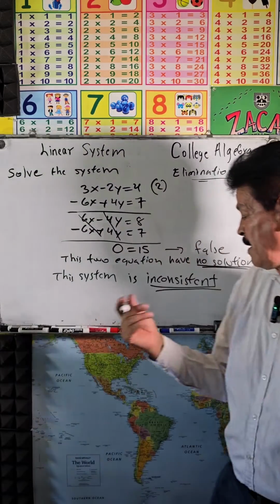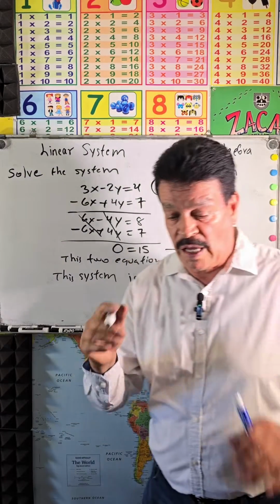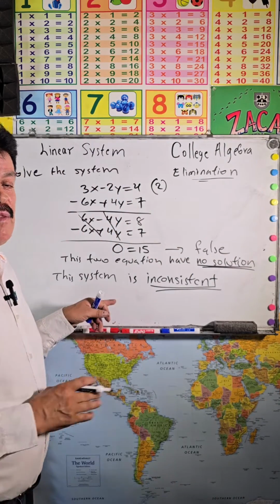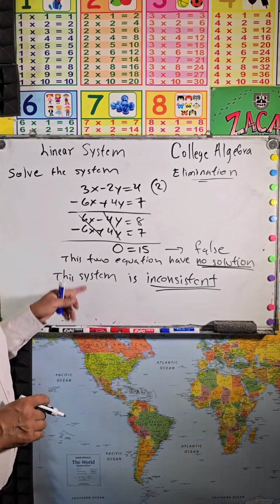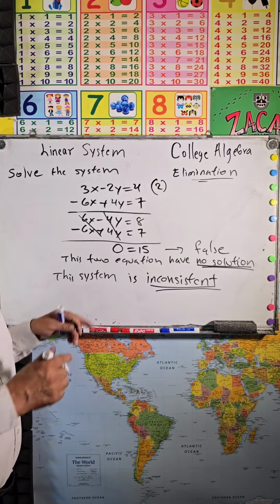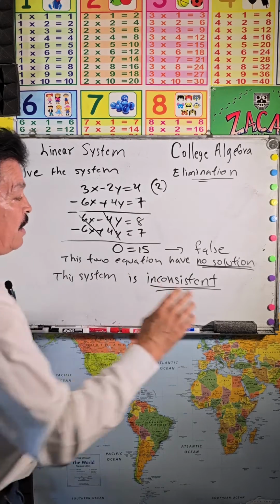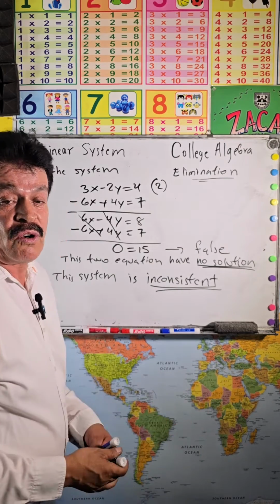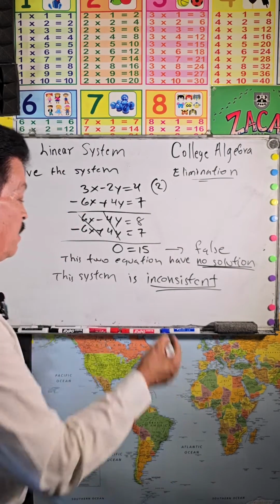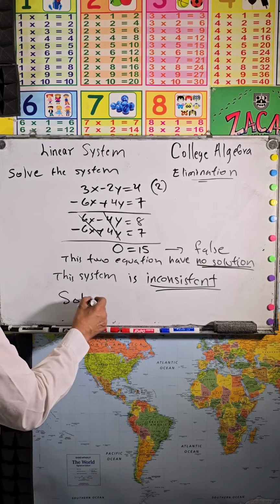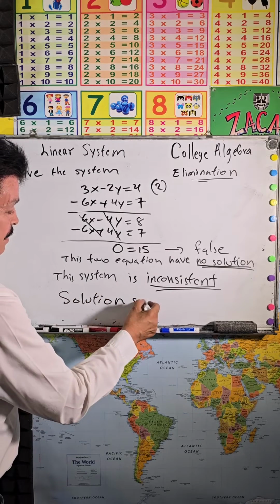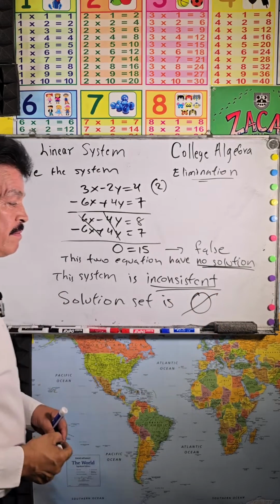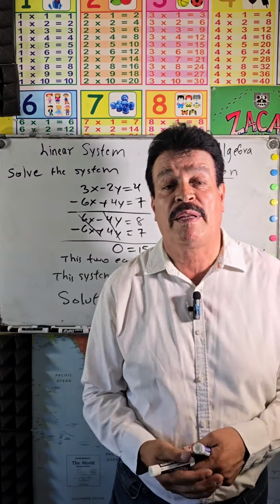Remember I showed you in the description at the beginning three main points. So our problem is inconsistent. This is our answer. The solution set is empty, remember the sign is in this way. I gave you the explanation.